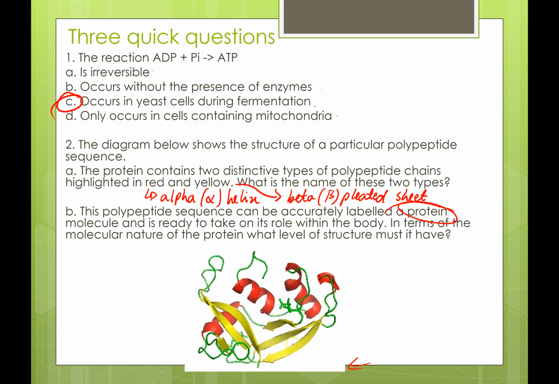It's just the one polypeptide chain, so that makes it tertiary. If it has a function, it has to be at least tertiary. In terms of the molecular nature of this protein, it has a 3D shape.